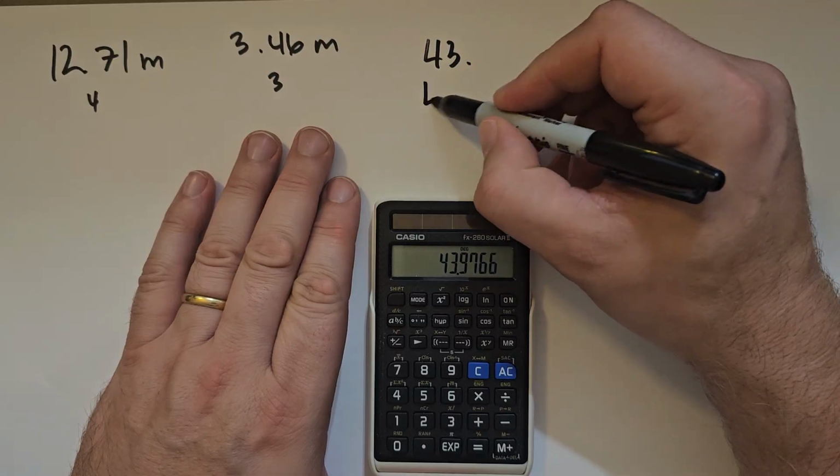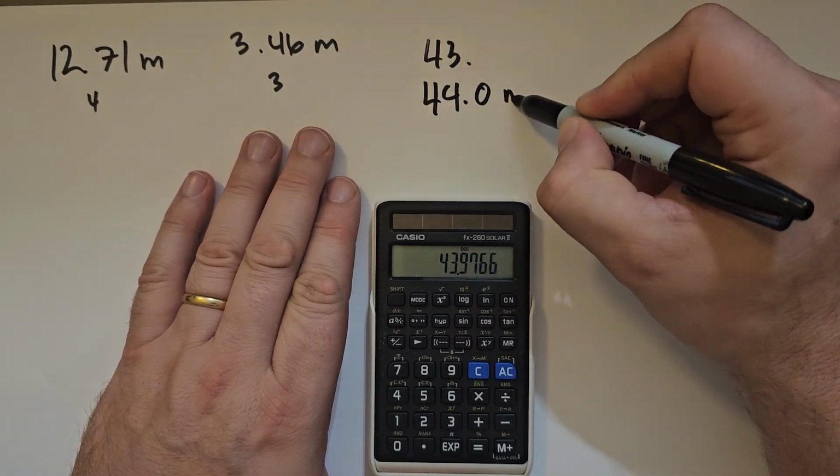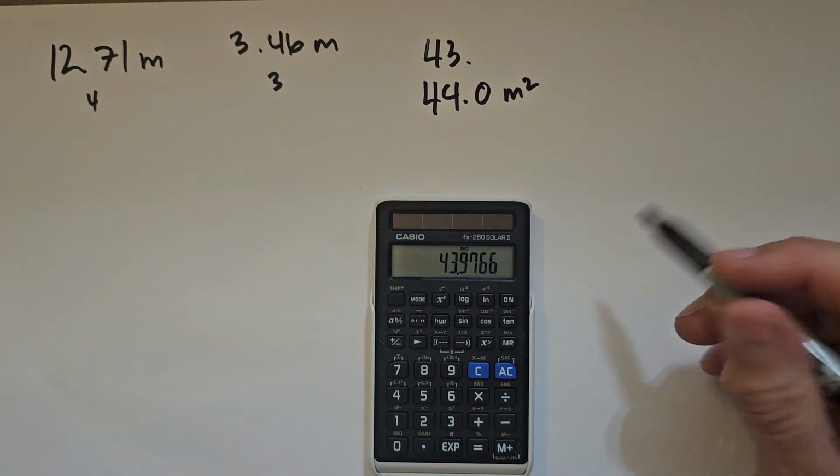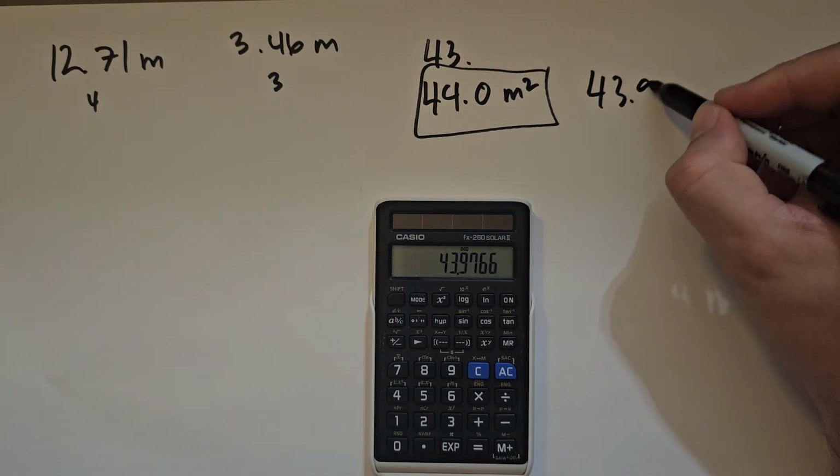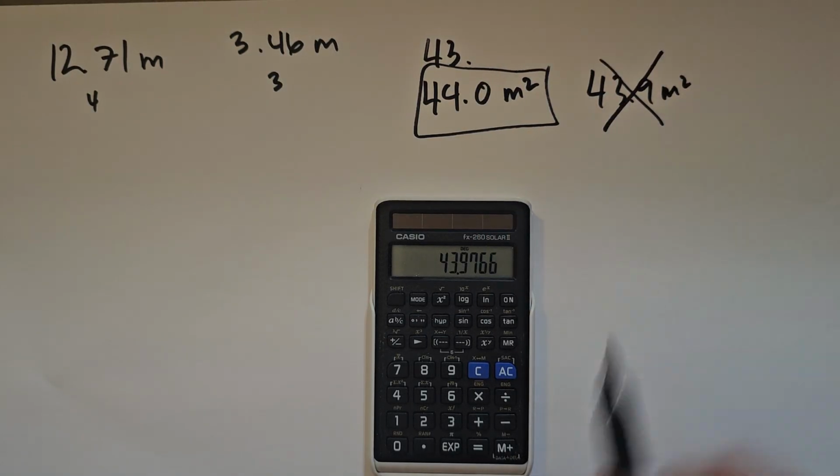So we have to round up. So it's actually 44.0 meters squared. Okay, that's the correct answer. If you wrote 43.9 meters squared, that's wrong. Okay, you're diverging too far from where the error points you. You're supposed to round that 7 up. Does that make sense?